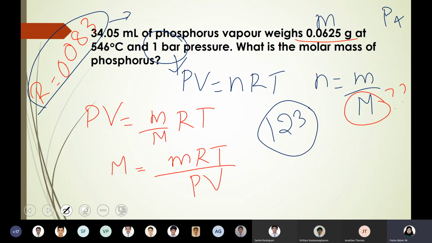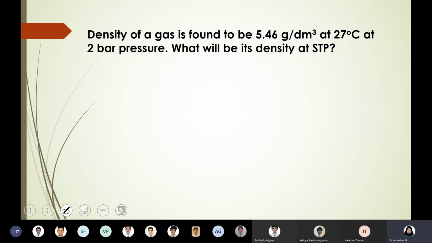Okay, so one more question I just want to finish. The density of a gas is found to be 5.46 gram per decimeter cube at 27 degrees Celsius at 2 bar pressure. What will be the density at STP?